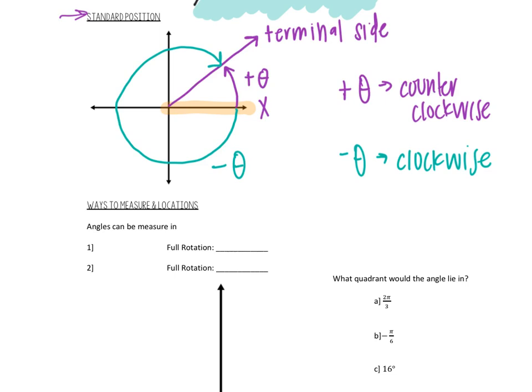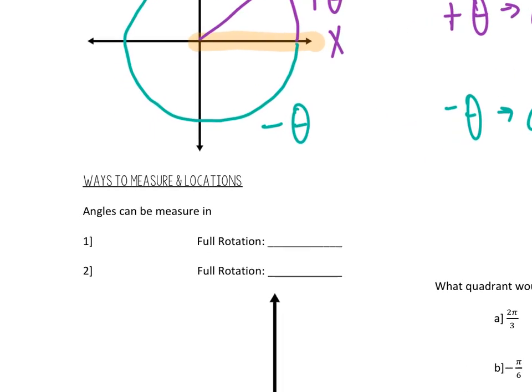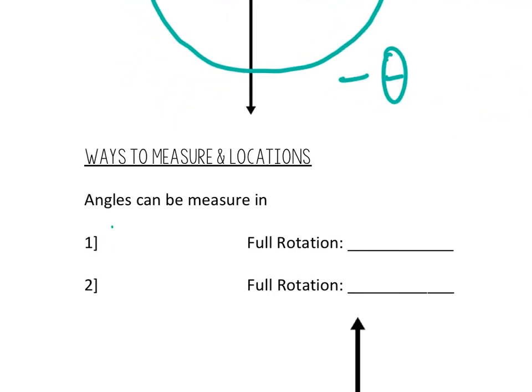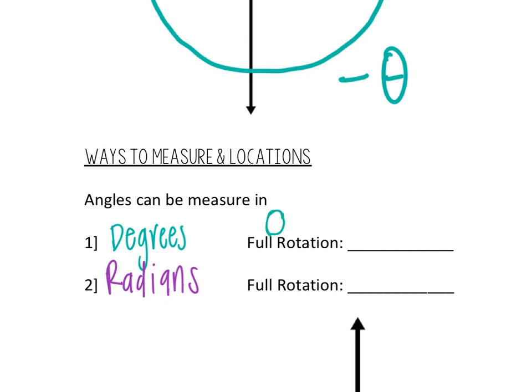There are two different ways that we can measure angles. Angles can either be measured in degrees or radians. When you're measuring in degrees, a full rotation means a full way around the circle.